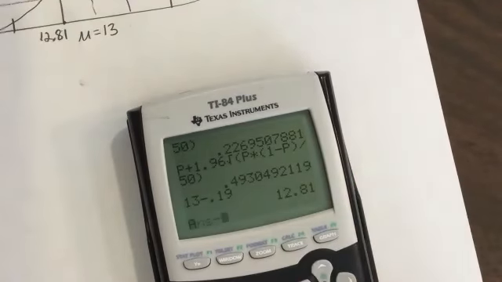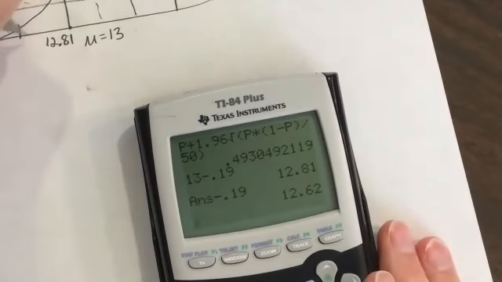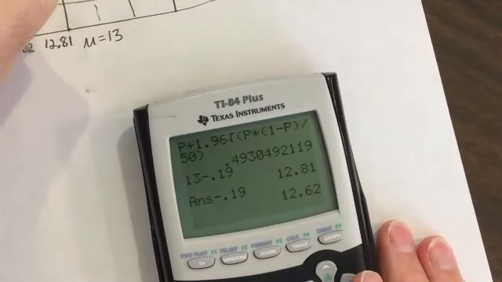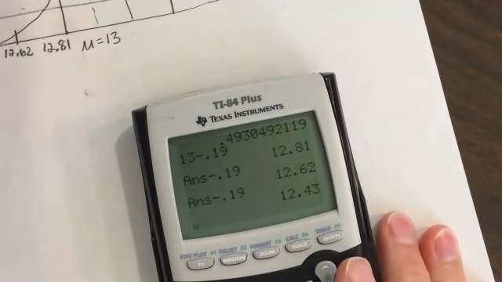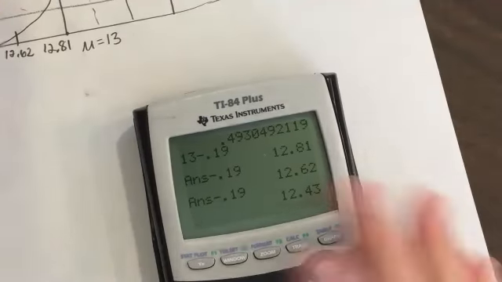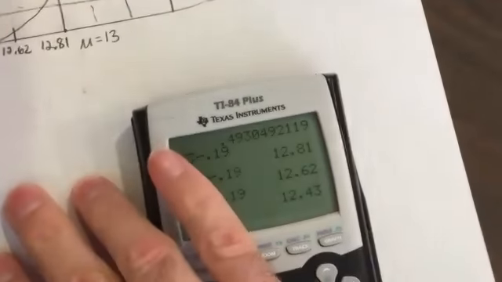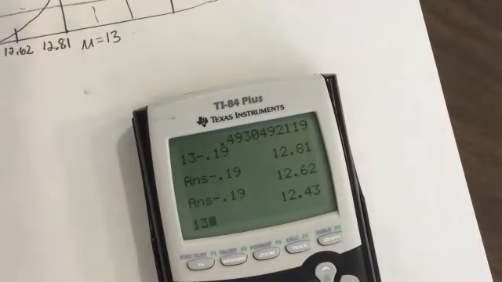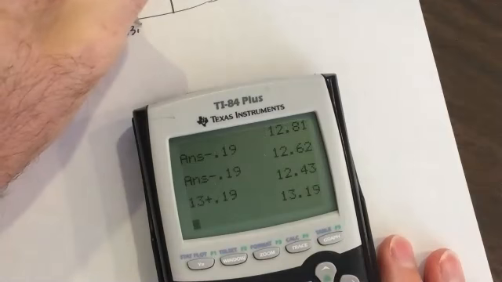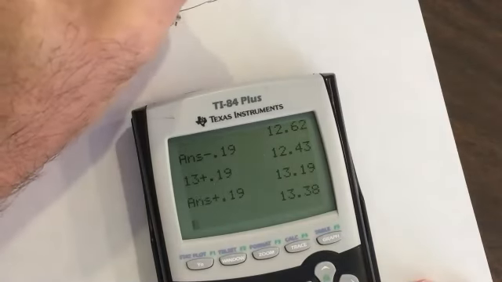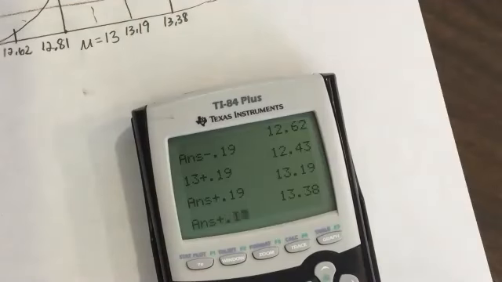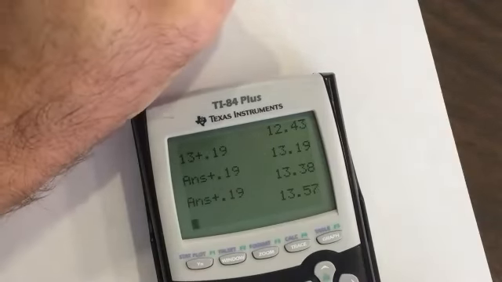Take away another 0.19, and I'm down at 12.62, and then another 0.19, and I'm down at 12.43. That's 3 standard deviations. If I go the other way and add 0.19 to 13, I'm up 1 standard deviation at 13.19. Add another one, I'm at 13.38, and another, I'm at 13.57.